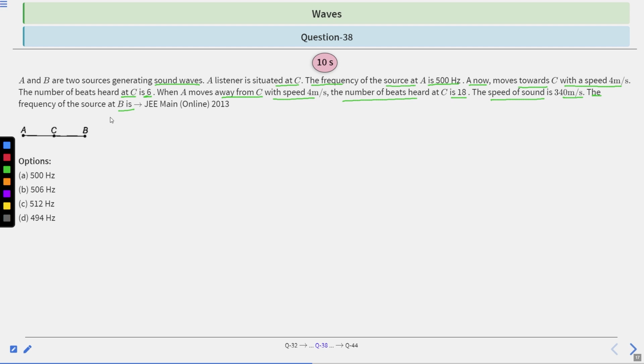Given options: option A is 500 Hz, option B 506 Hz, option C 512 Hz, and option D 494 Hz. Which option is correct? You have 10 seconds to solve this question. After 10 seconds, we will provide the solution.